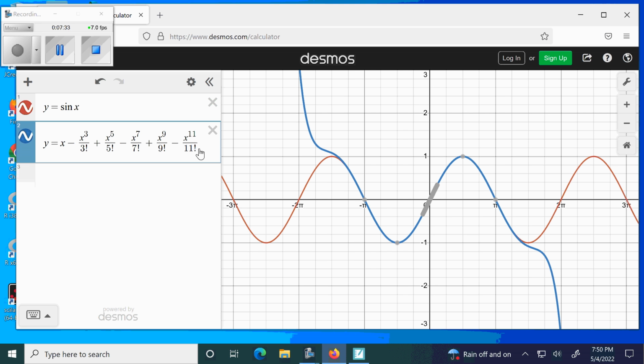Already we can see that it approximates the sine curve fairly well, especially between negative pi and pi. All right. So we're going to go back to our smartboard.